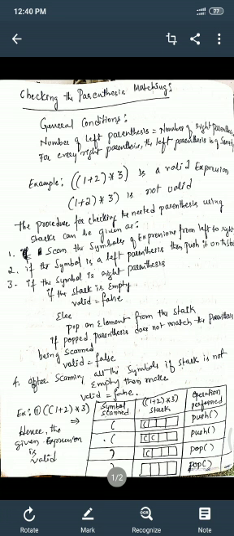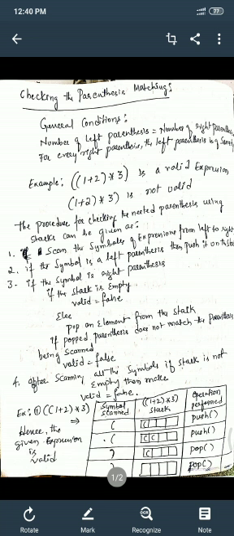If the popped parenthesis does not match the parenthesis being scanned, then also the given expression is invalid or false. The next step says, after scanning all the symbols, if the stack is not empty, then the given expression is invalid. Now also valid equals false.